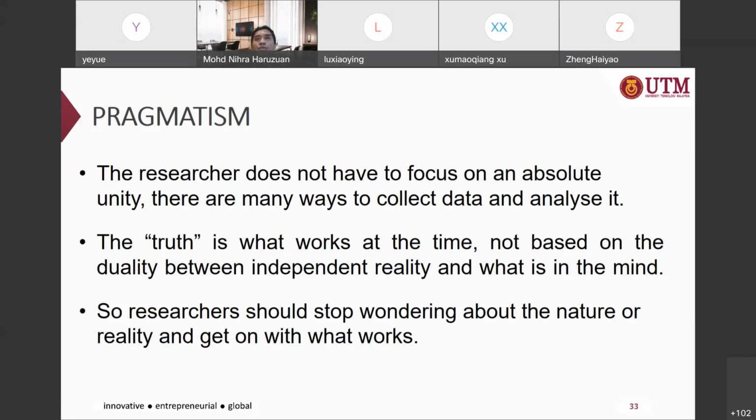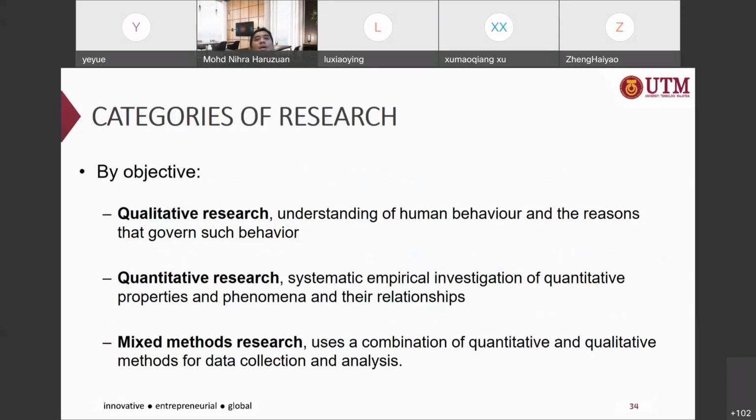But if you do not know what the framework is, what the cause is, then you might start with qualitative, so you can dig deeper into the issue first, and then you start to test it.